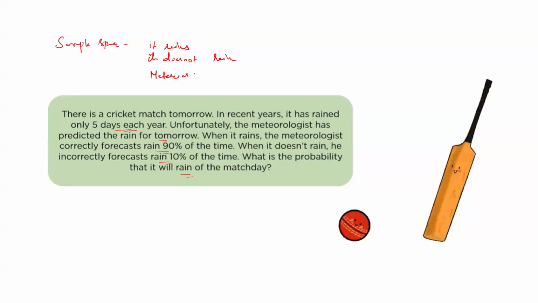So these are the three events. Let us name event A1: it rains on the match day. And event A2: it does not rain on the match day.